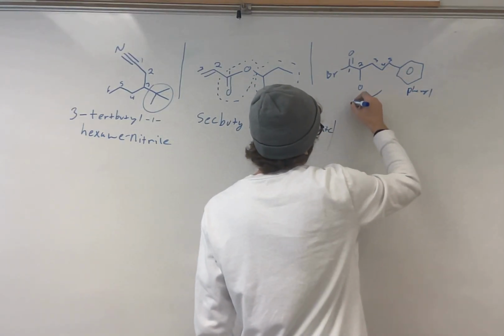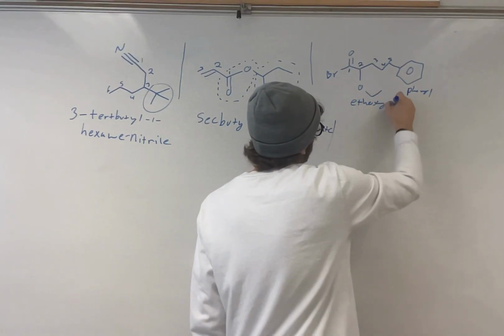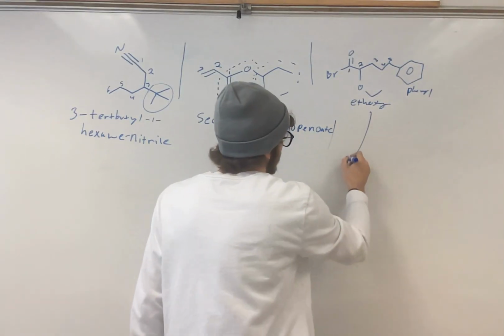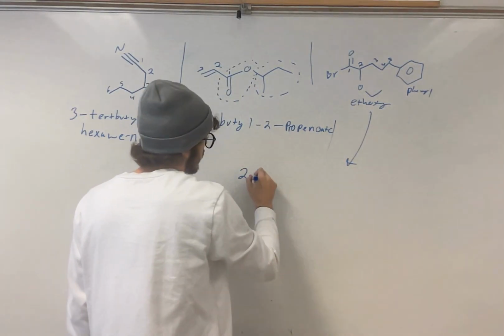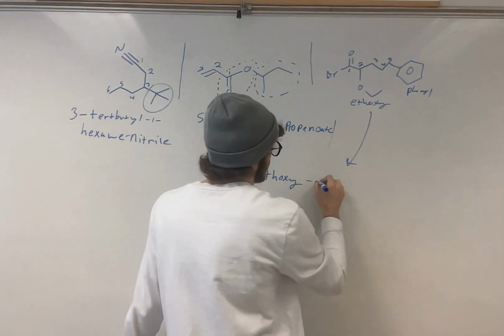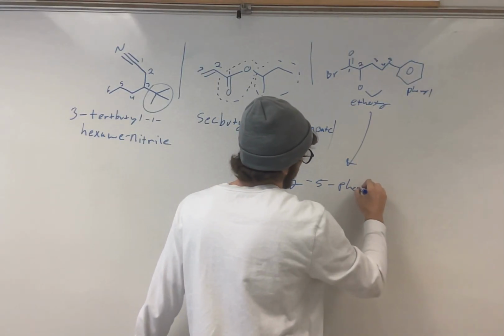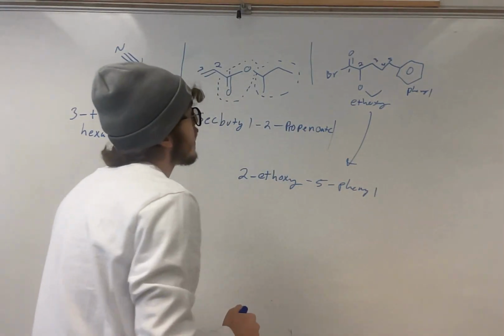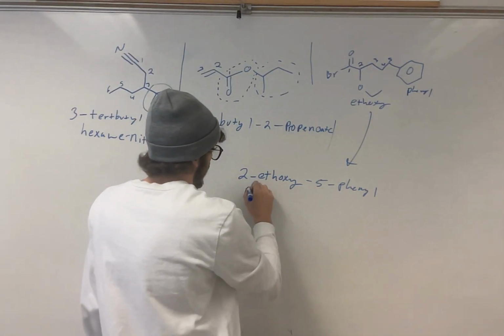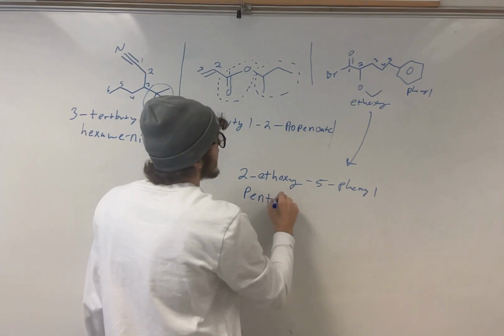This is going to be an ethoxy. Ethoxy comes first in the alphabet, so we're going to name that first, and I'll actually bring the naming down here. This is going to be 2 ethoxy. And then in the 5 position, we have a phenyl ring, phenyl. Okay, and then we have a 5-membered chain, so we're going to say that this is pentane.